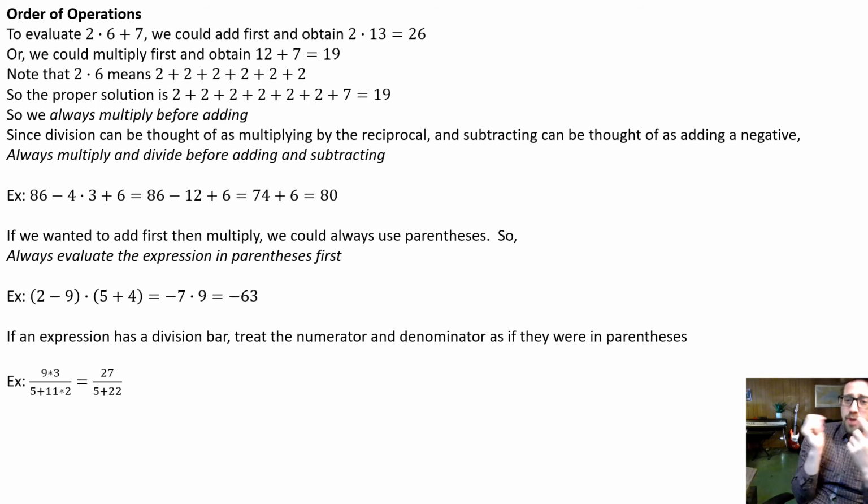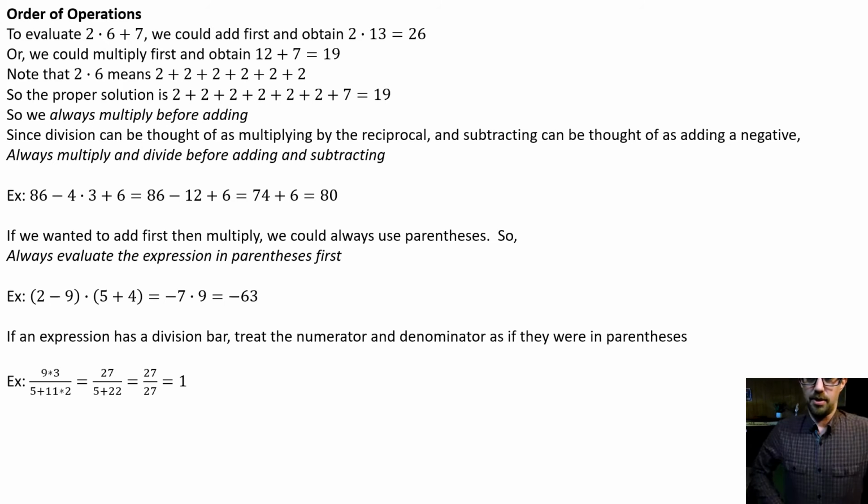Okay, and then we do 5 plus 22, which is 27. And then finally we simplify, and 27 over 27 is just 1. So the instructions here, when I say evaluate, I could say simplify the expression, and I would really mean the same thing. Just get it as simple as you can. And obviously 1, you can't get any simpler than that.